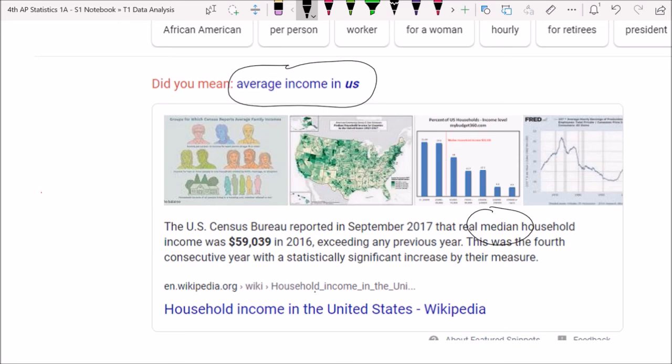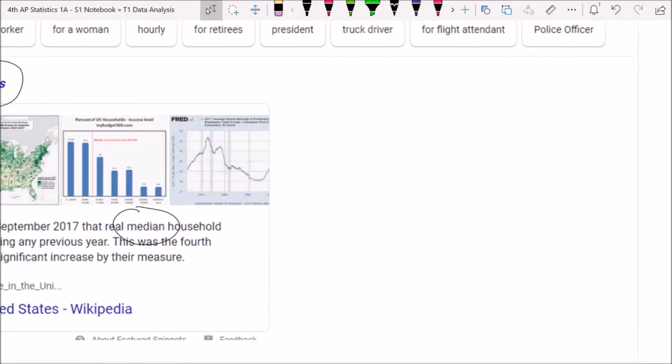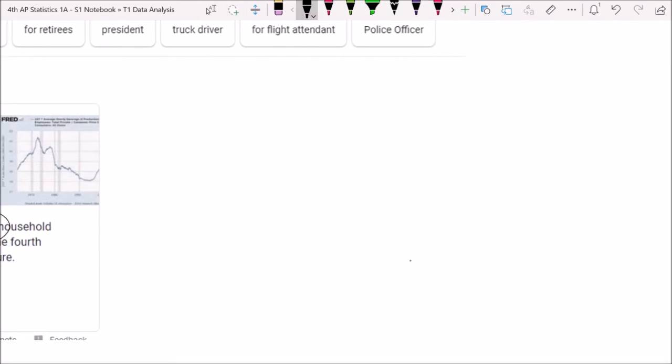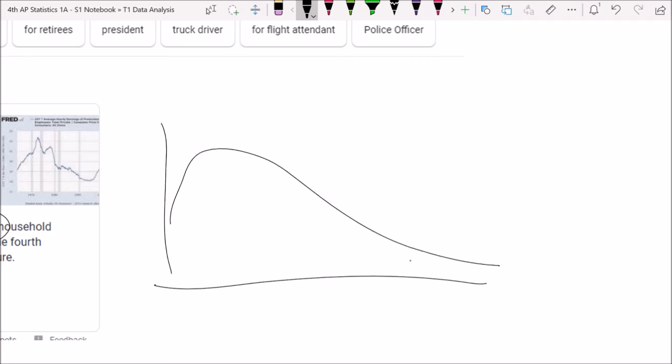Now, why do you think that is? They're not going to tell me the mean. So remember what we saw in the previous lesson about the shape of the income distribution in our country? It has a serious right skew. So in ours, we've got basically a bunch of people down here and a few people at the top, but it really gets out of whack because y'all, most people are under 100,000.